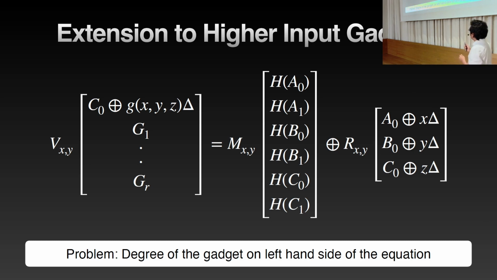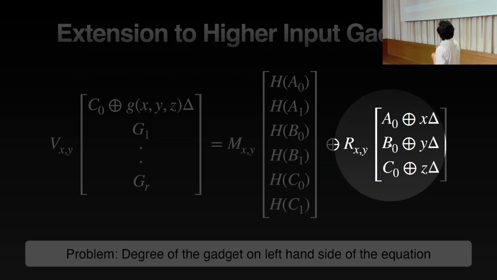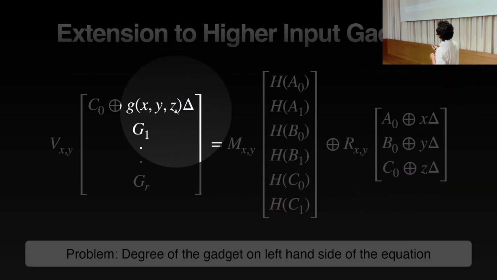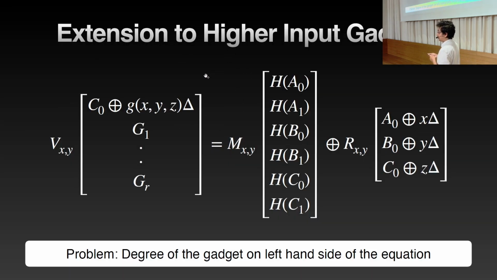That means that the term corresponding to the 3-degree term here, which is delta, has to be 0, which is an impossibility because you do not want your 0 label and 1 label to be the same label.